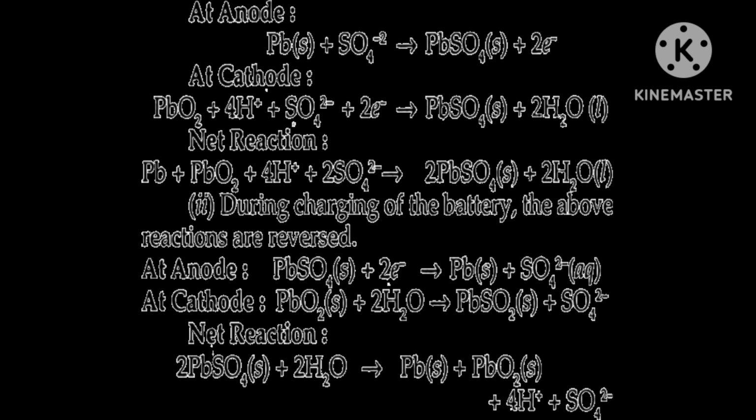Here nickel cadmium is used as the anode, and nickel is used as the cathode. The medium is alkaline, meaning potassium hydroxide is used here, and that functions as the electrolyte.